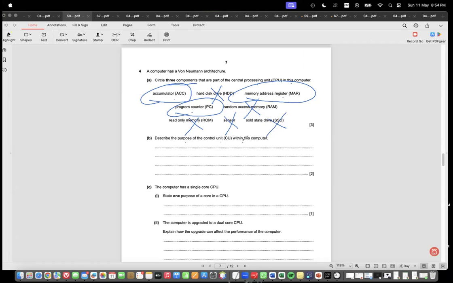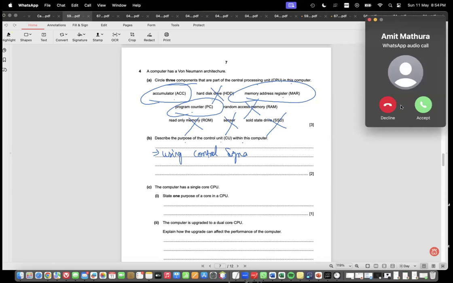Describe the purpose of the control unit within the computer using control signals.